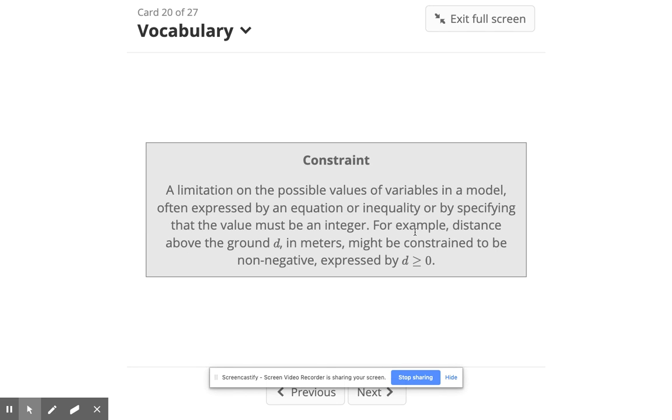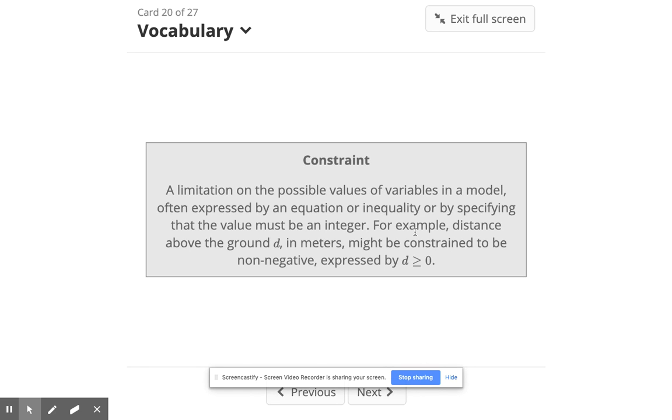Another part of the constraint: a limitation on the possible values of variables in a model, often expressed by an equation or inequality, or by specifying that the value must be an integer. For example, distance above the ground, d in meters, might be constrained to be non-negative. You can't be a negative number of meters above the ground, so it has to be non-negative.